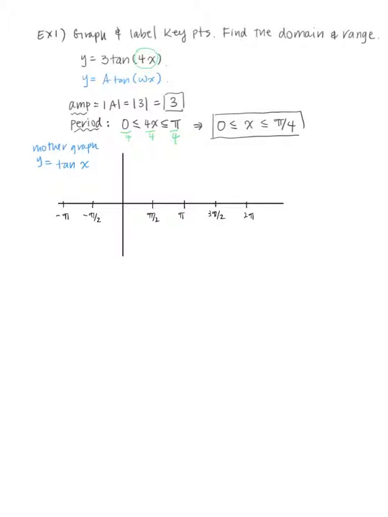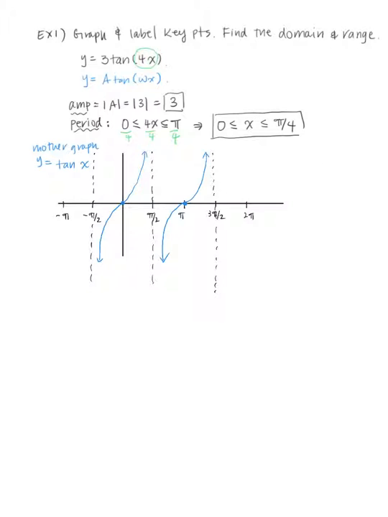Okay, so for the tangent, your asymptotes are going to be at x equals multiples of pi over 2. Alright, I think that's good enough. Okay, so the graph is gonna go like this. Actually, that's not too bad.